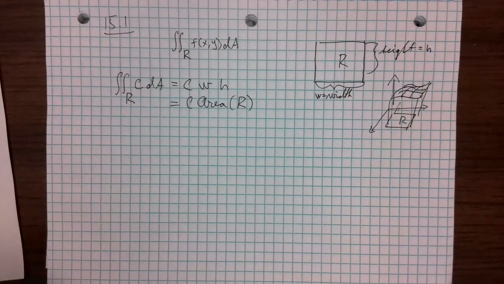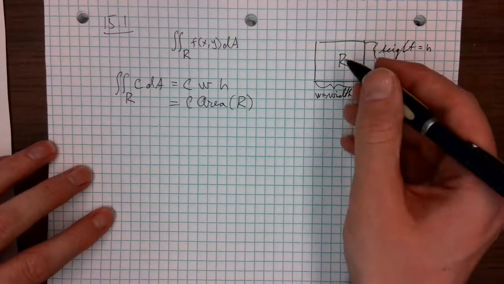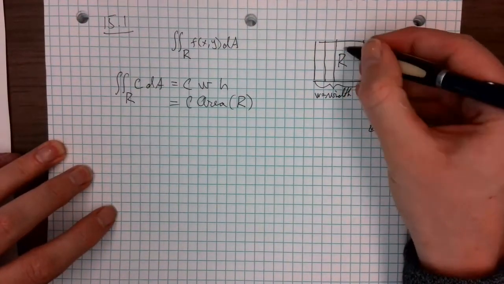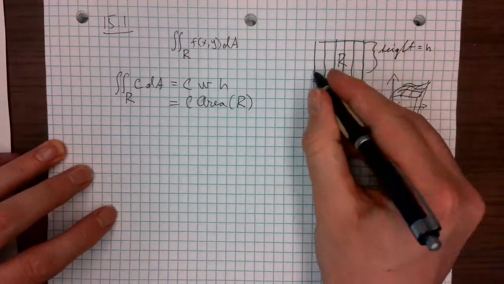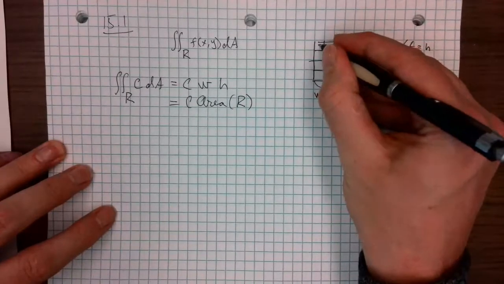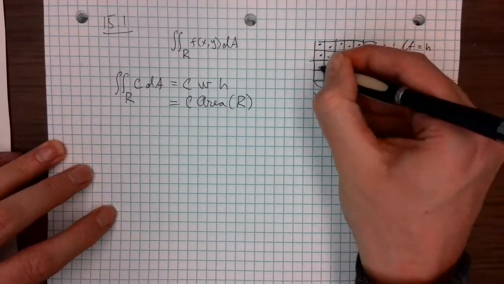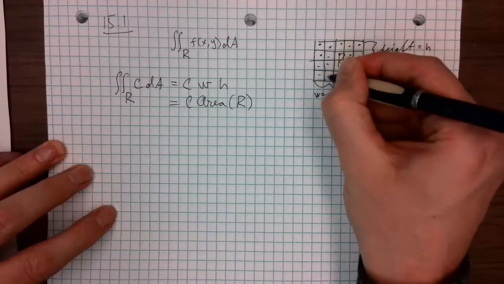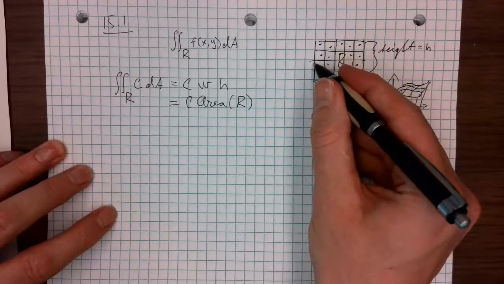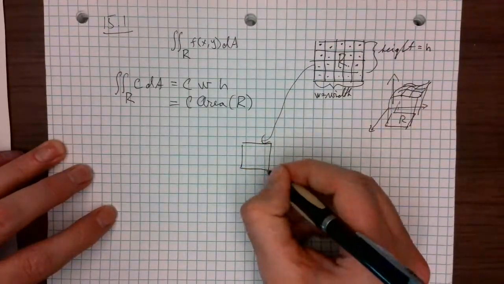What if we want to integrate a more complicated function? Well, the way it works is we take this R and we cut it into small pieces, and conveniently it's already sort of pre-cut. And in each one of these little pieces we're going to pick a point. Let me draw a typical one of these little pieces.